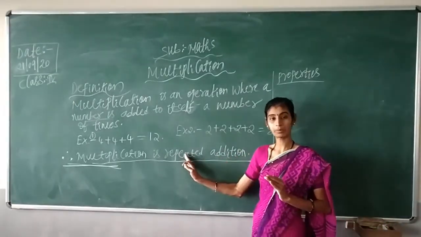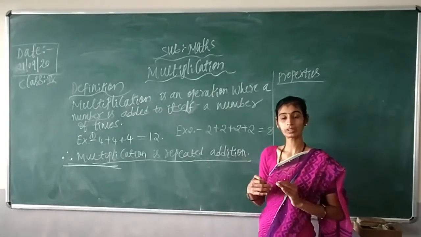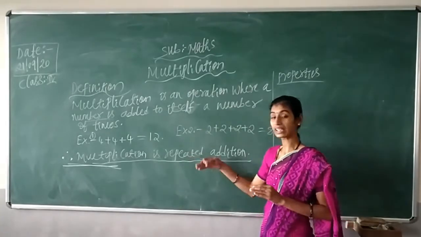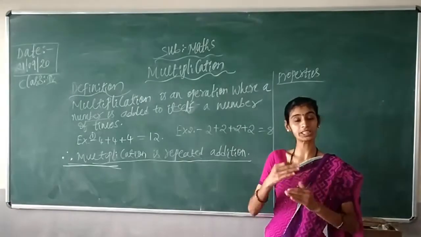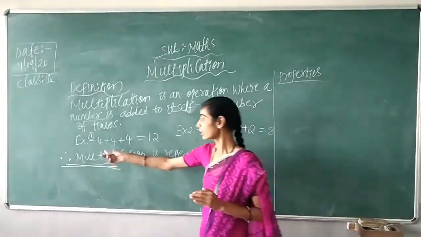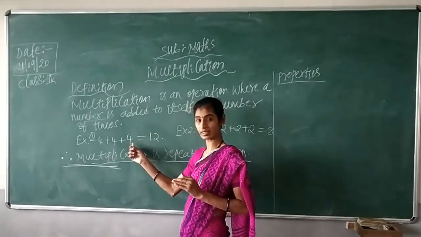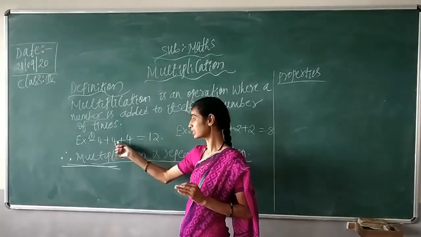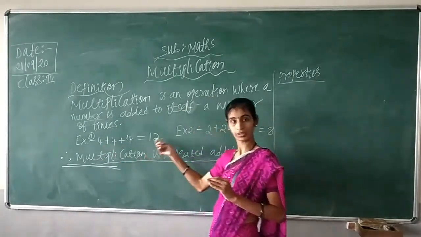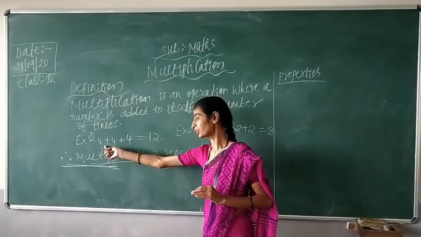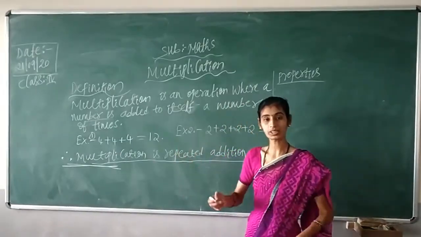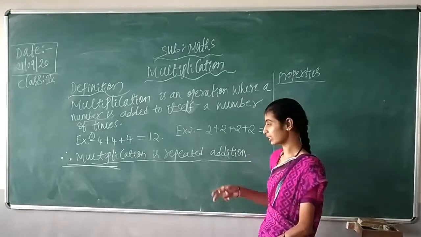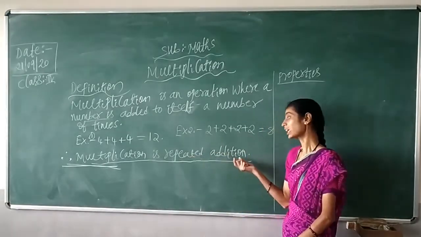What do you mean by repeated? Repeat means using again and again. Yes or no? Here we are using 4 again and again. We are repeating the same operation, plus plus plus. Throughout the line we are using the same operation, plus, and the same number. So we say it is a repeated addition.